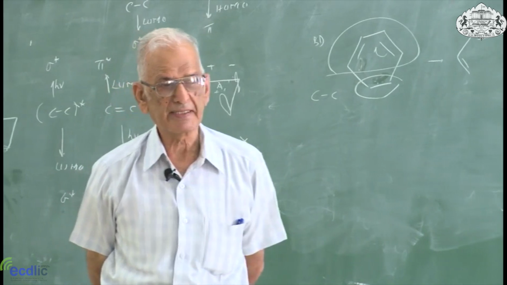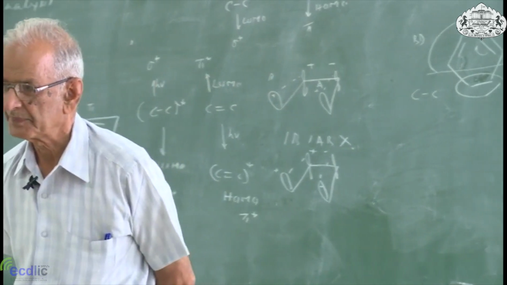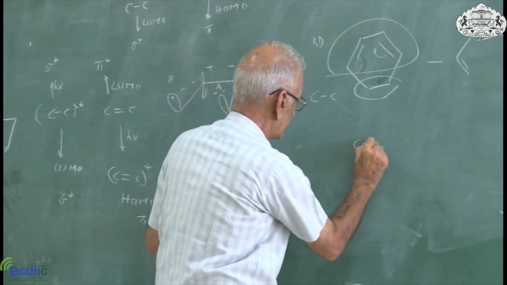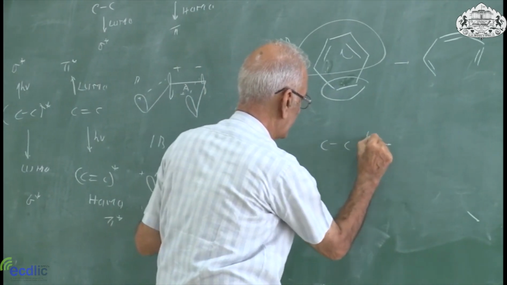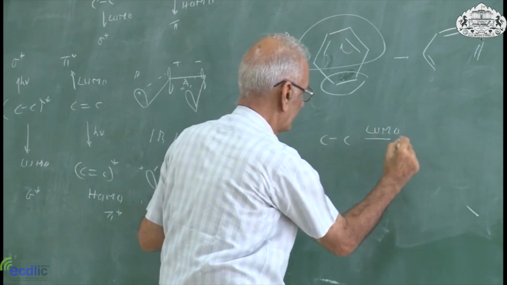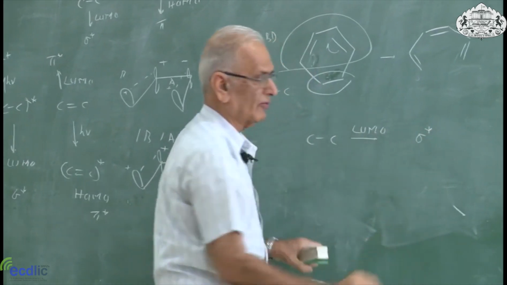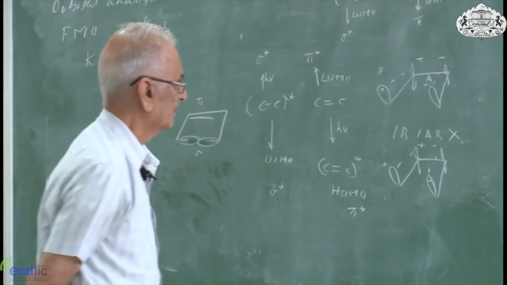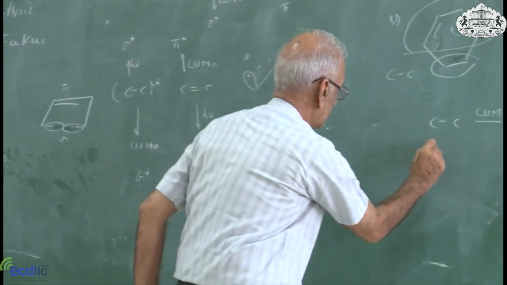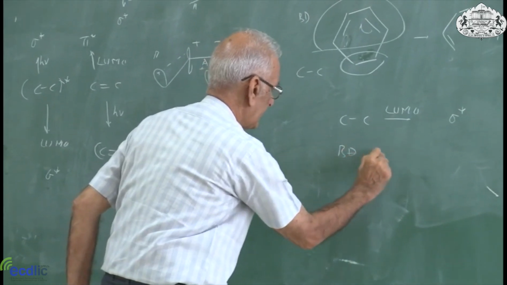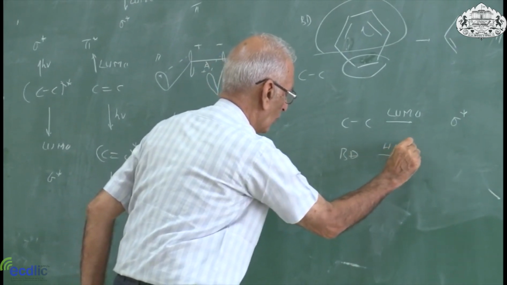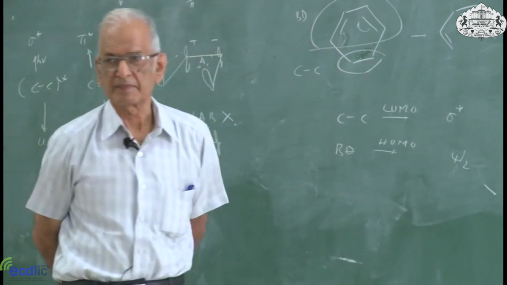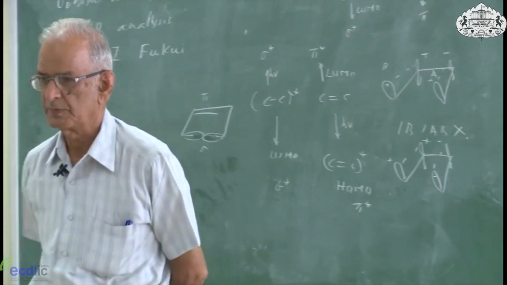Other component is butadiene. Okay. So carbon-carbon single bond will take LUMO. So that's going to be sigma star. Butadiene, HOMO is going to be Psi2.